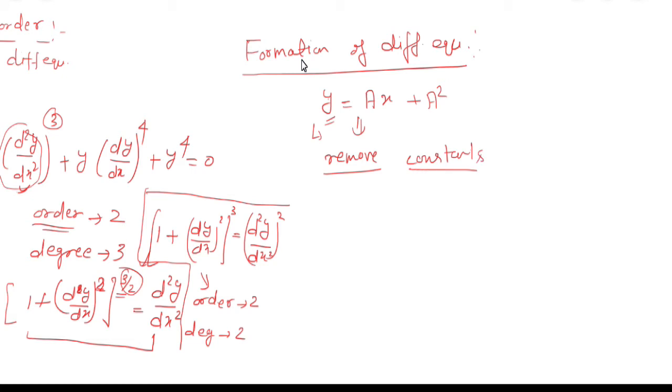After removing constants like a or a square, you can define the differential equation for this equation. To remove these constants, we will first differentiate this equation. So we will get dy by dx equal to a, and x has differentiation 1, and plus.